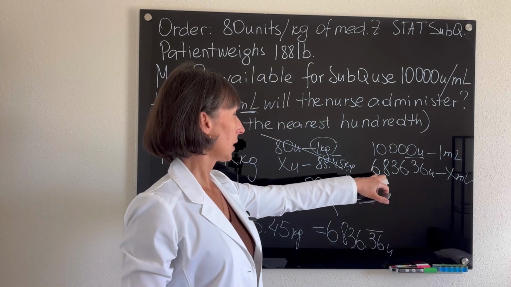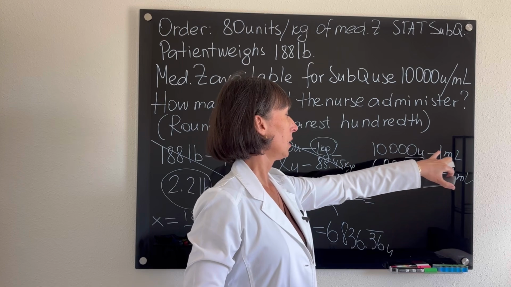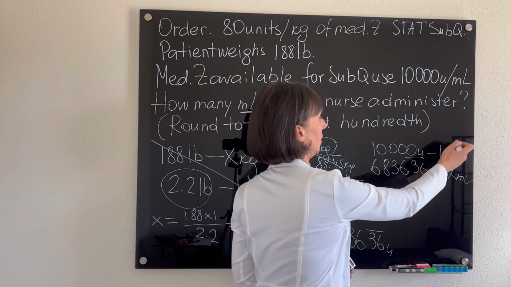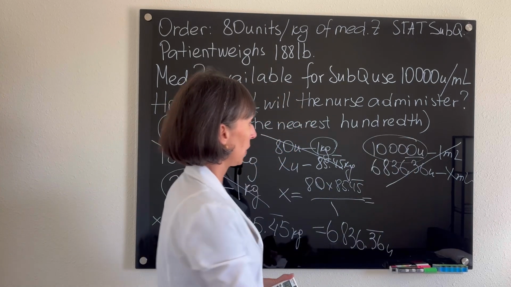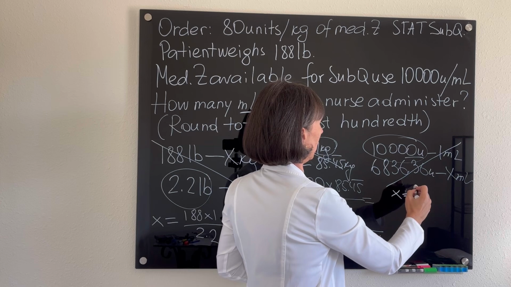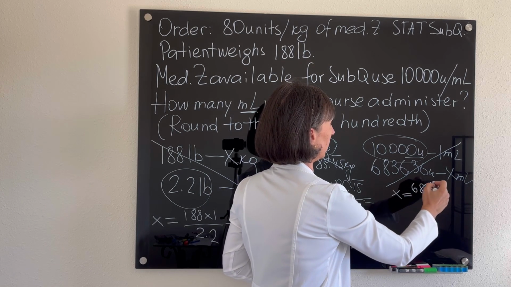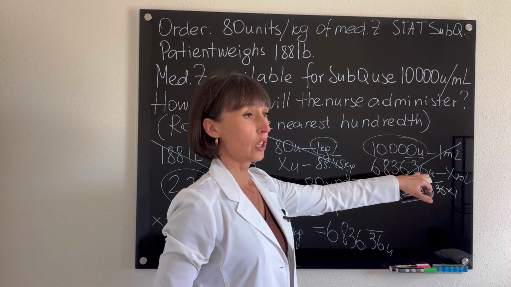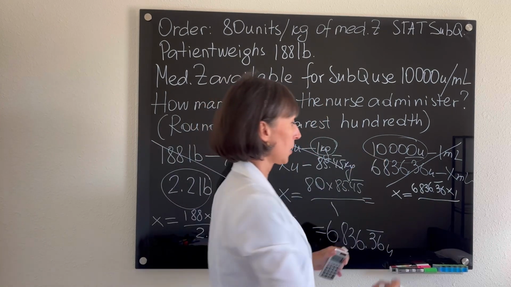And I'm going to say 6,836.36 repeated is X milliliters. And now again, multiply on diagonal, divide by the third number. 6,000 and change times 1 divided by 10,000.